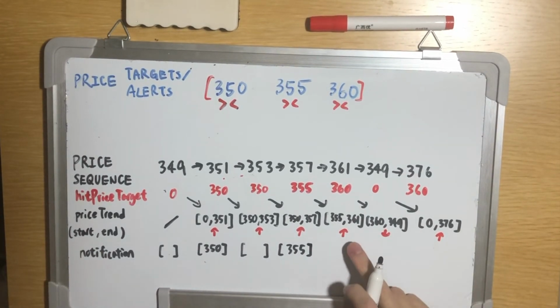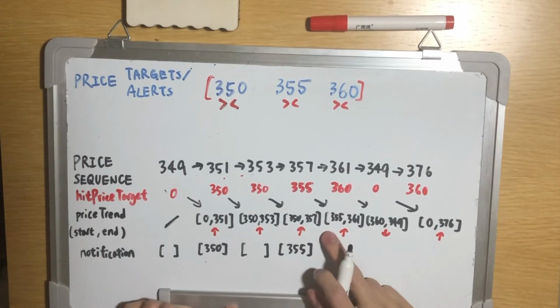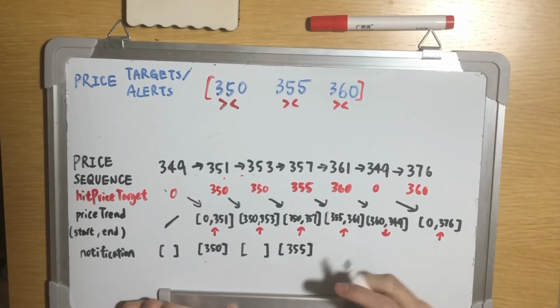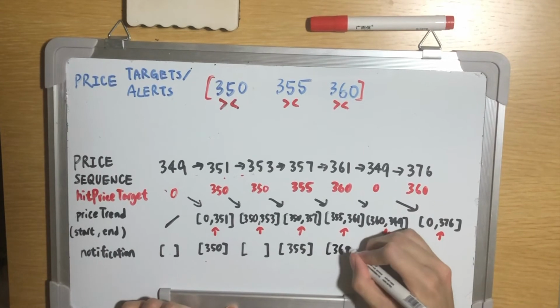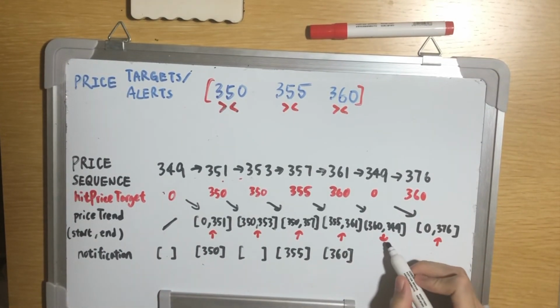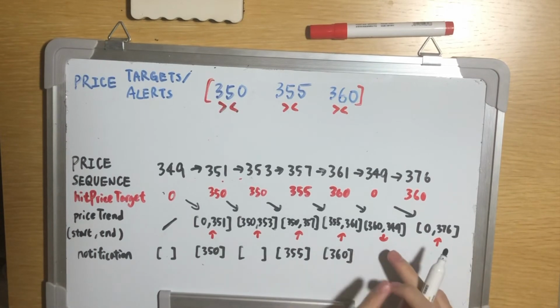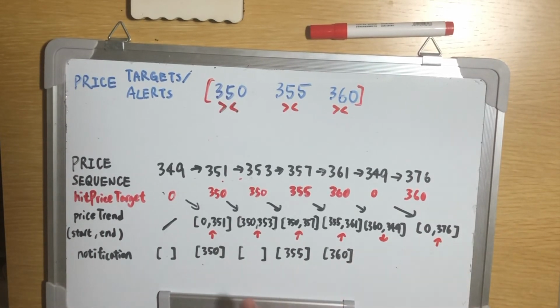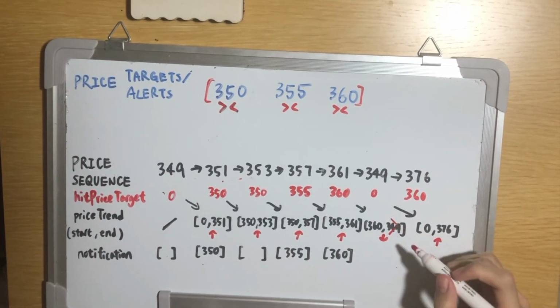And for 355 to 361, exclusive of 355, that will hit 360. For this one, the price trend is decreasing in range, so we flip the boundaries and exclude 349. So we cross out 349.